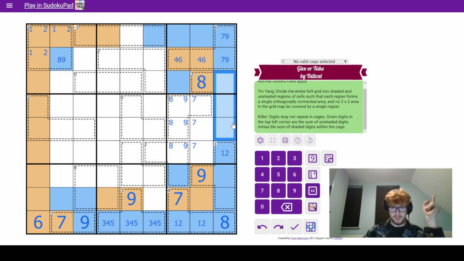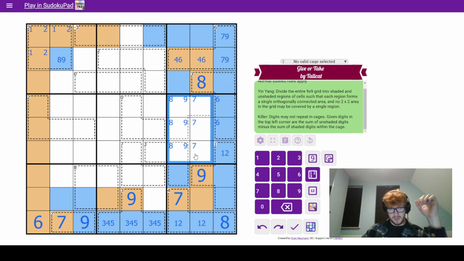So it could be 1, 4, 6, or 2, 6, 3. So it always has a 6, and the 6 is not there. I'm going to remove these pencil marks, I don't like them.